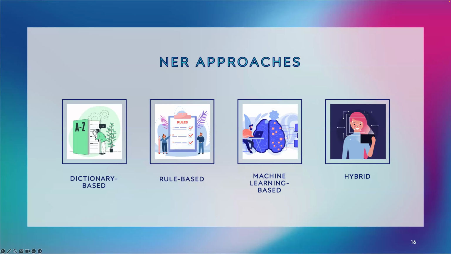And another domain is, for instance, finance and risk analysis. Here, named entity recognition extracts information from documents like news articles, for instance, financial reports. And it identifies entities like company names, stocks, currencies, different financial metrics.